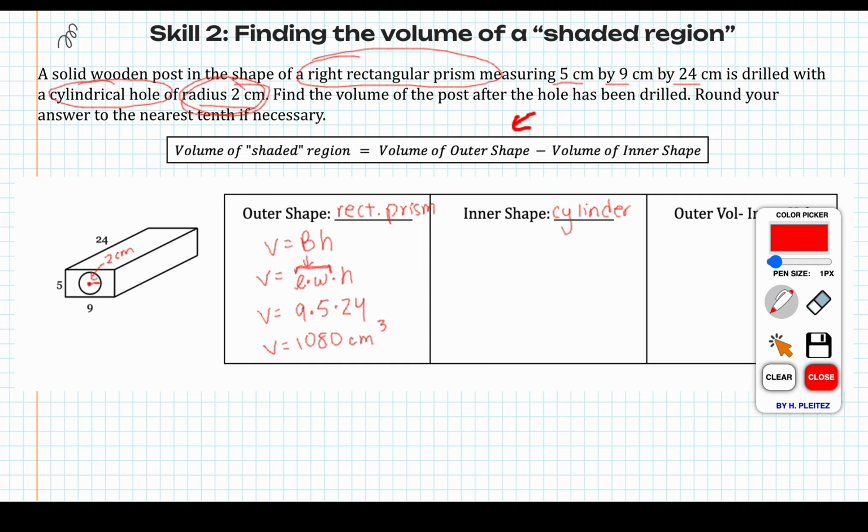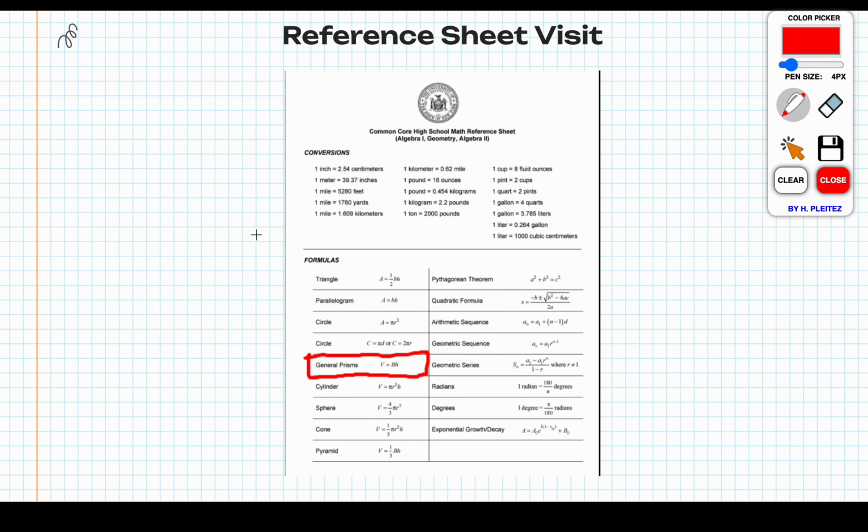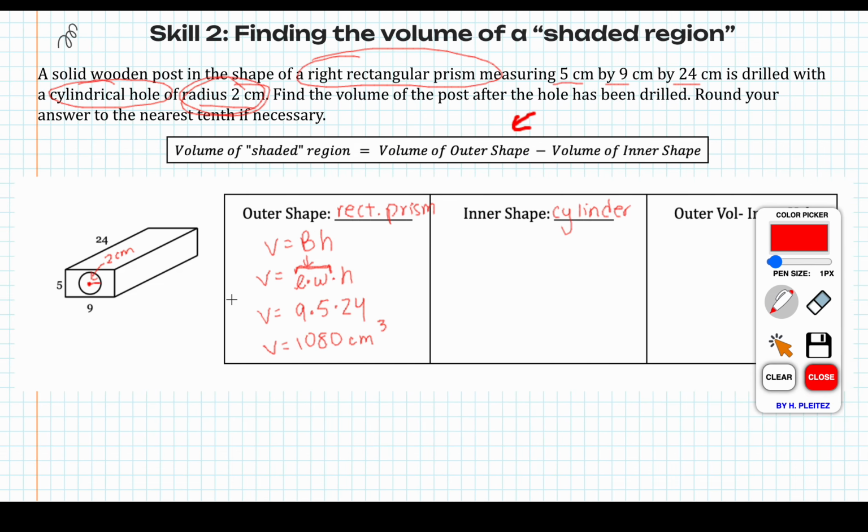Now our inner shape is our cylinder. And for a cylinder, when we visit our reference sheet, we know already from the previous example that we're given it. So for a cylinder, the volume is pi r squared h. Now, the radius of our cylinder is given to us. That's going to be 2 squared. And then the height of our cylinder is going to match, like the cylinder is going all the way through this rectangular prism.